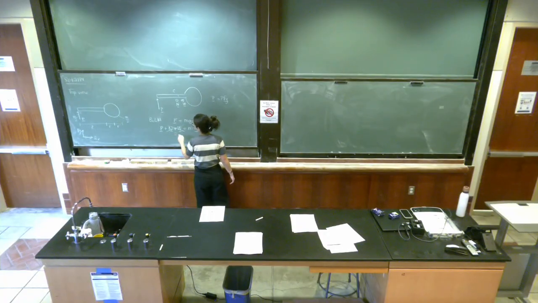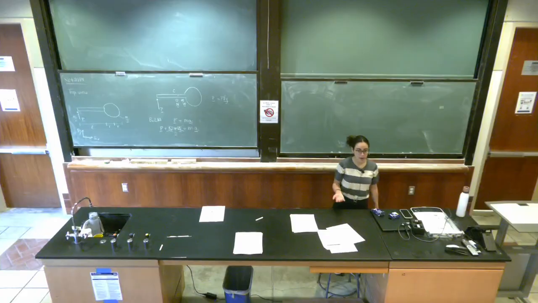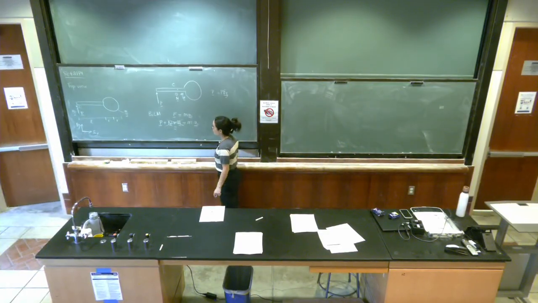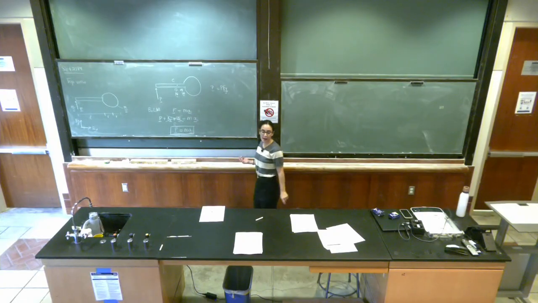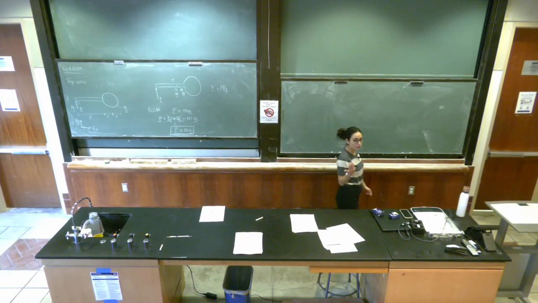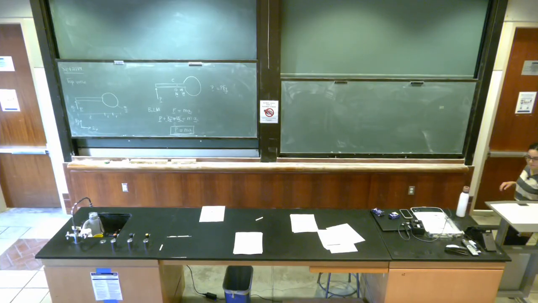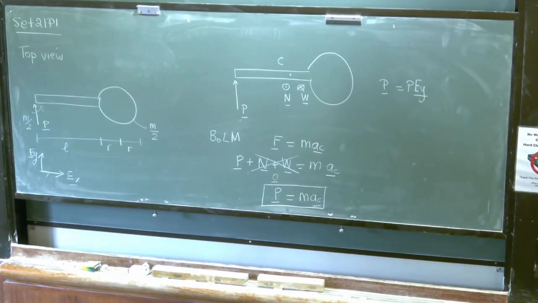Why do they sum to 0? Yeah, they're along E_Z, and there's no motion along E_Z, so N plus W is equal to 0. Then I get that P is equal to M A_C. So the center of mass behaves like it's a particle being pushed by a force P.